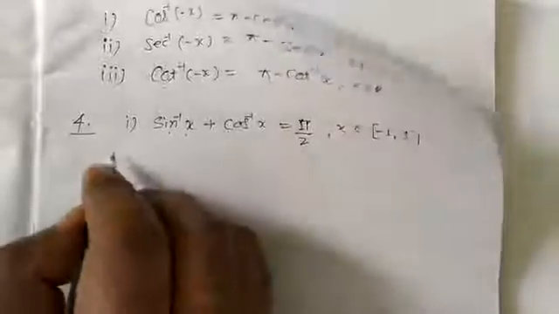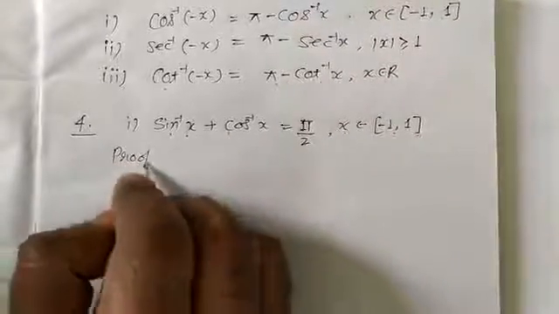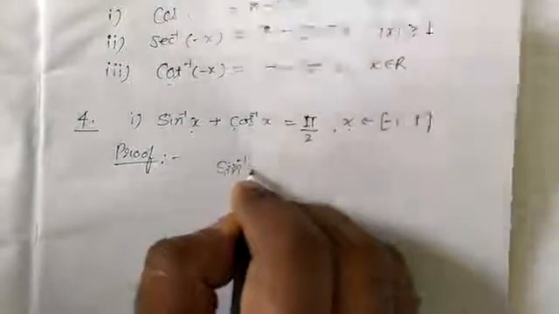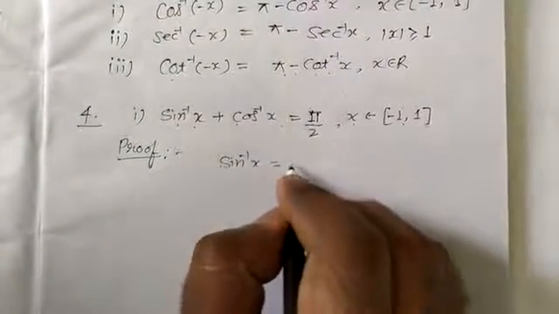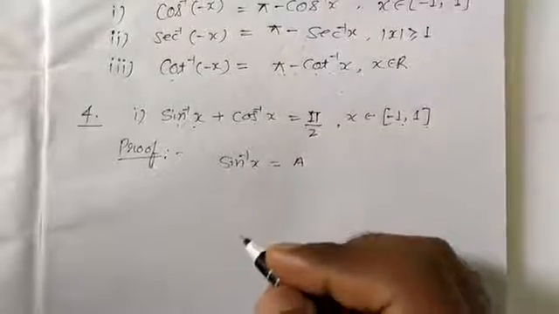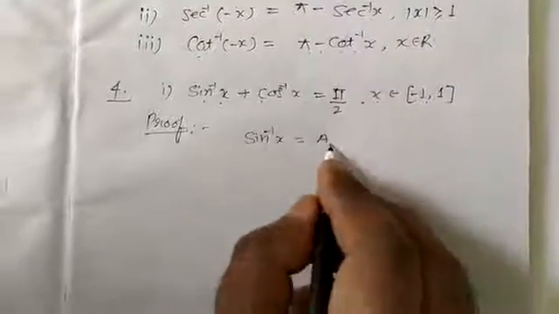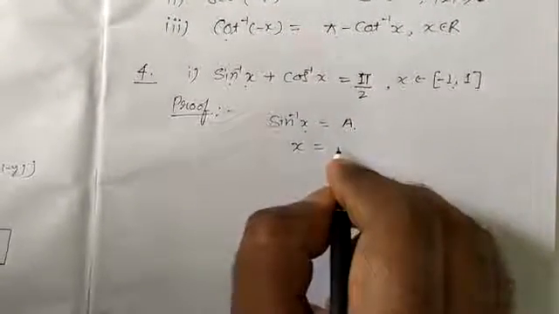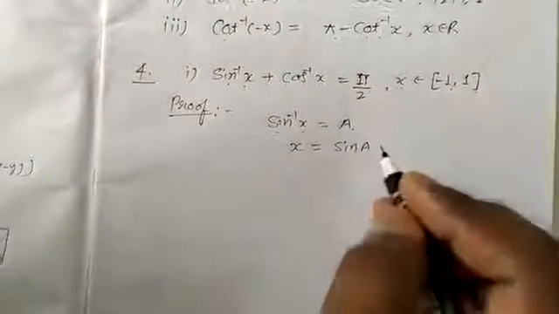How will you prove this? To prove, we have to consider sin inverse x is equal to a. From here you can find the value of x: x will be equal to sin a.